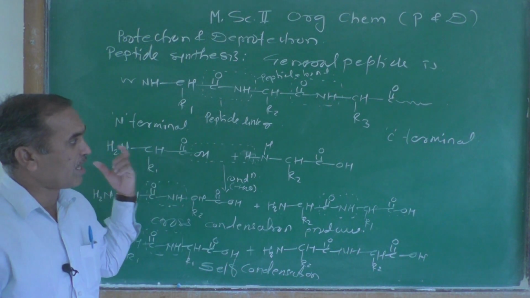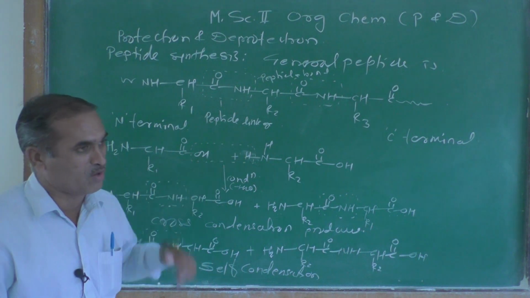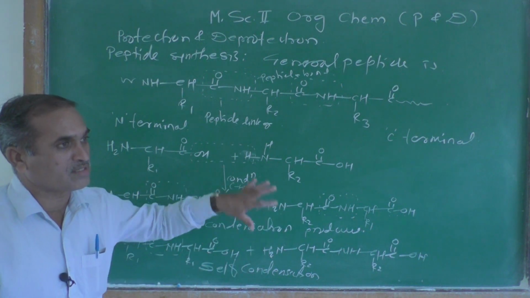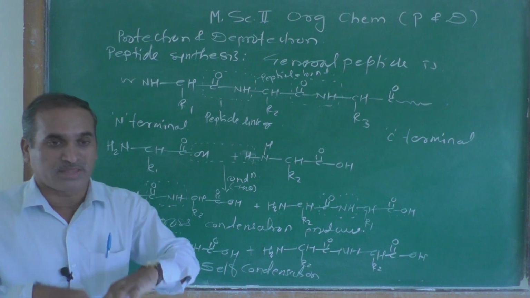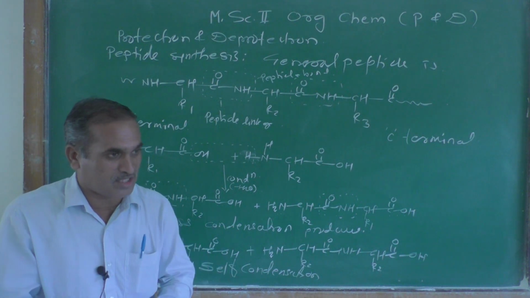If we directly condense two amino acids, we get such mixtures, and there is a lot of difficulty in separation.